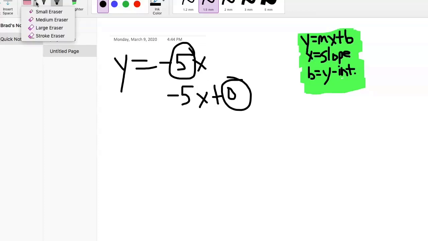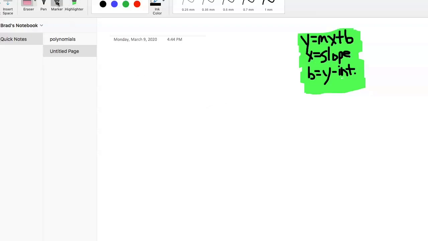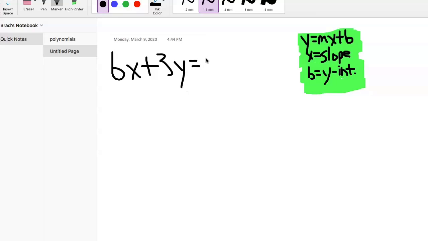Okay, we'll do one more just for fun. We're having so much fun here. Hopefully it's starting to make a little more sense how we solve these. All right, 6x plus 3y equals 6, and they say find the y-intercept.